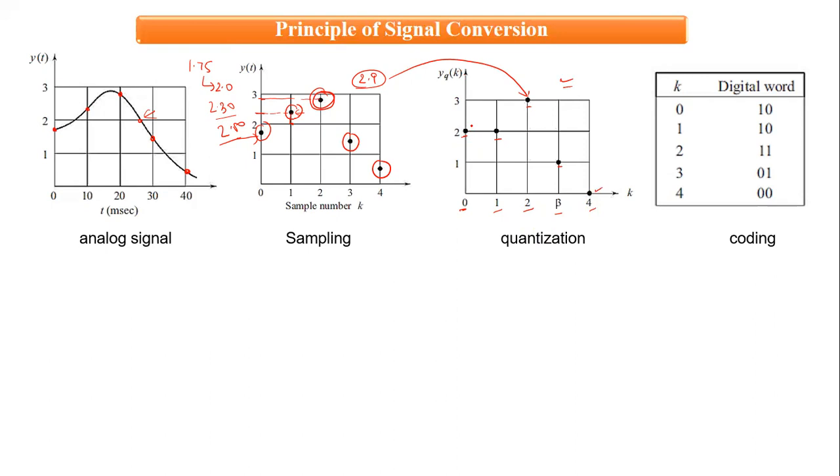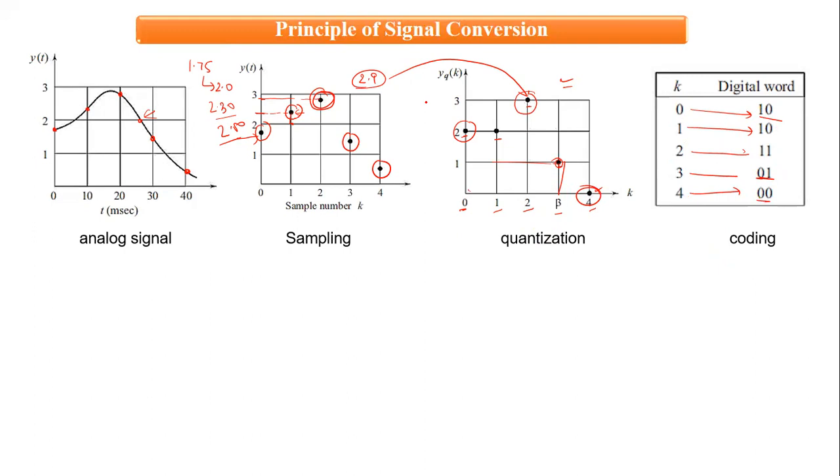So the binary equivalent of 2 is 1 0. Similarly, the zeroth sample is 1 0, and the first sample is this. Then the binary equivalent of 3 is 1 1, and this one is the third sample, which is 1, so it is 0 1 as the binary equivalent. And this one is 0, so the binary equivalent is 0 0 in this case, right?